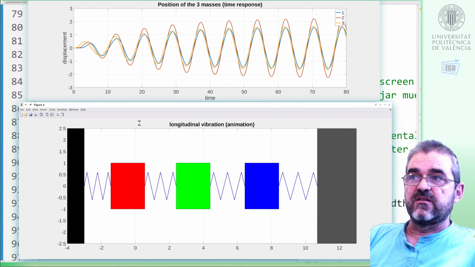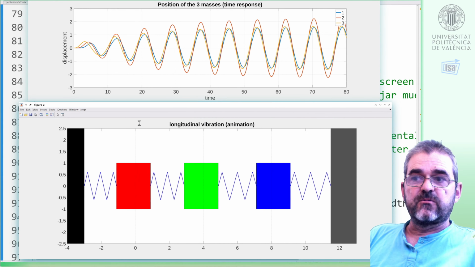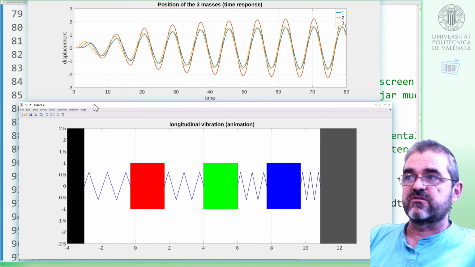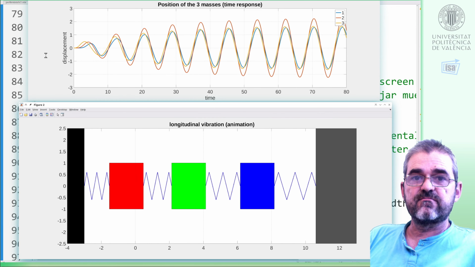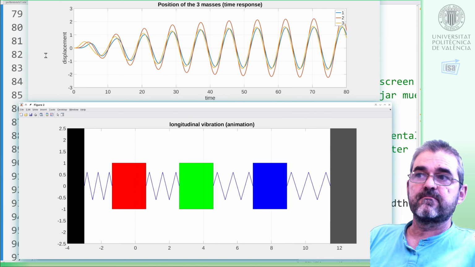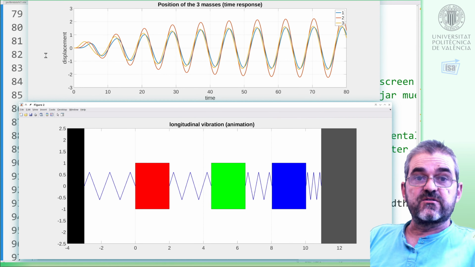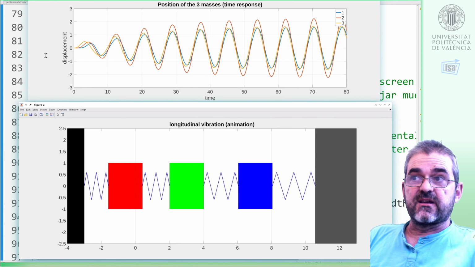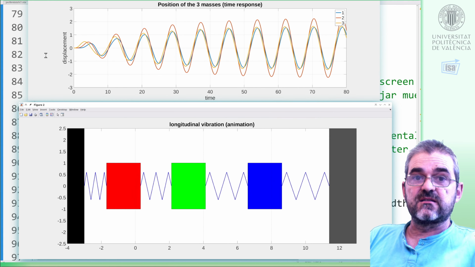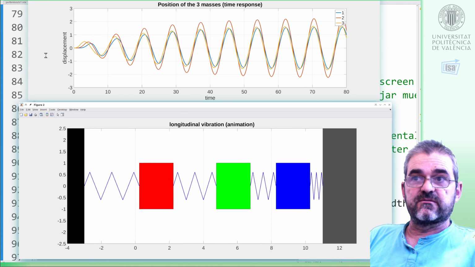You can see that in the first 30 seconds, we have oscillations of increasing amplitude. And after 30 seconds, we get what's called the stationary steady state sinusoidal response.